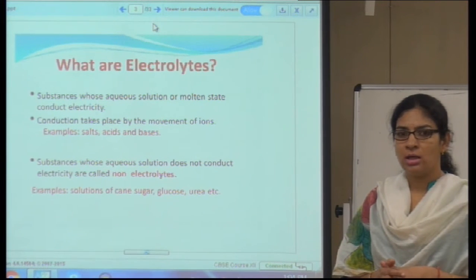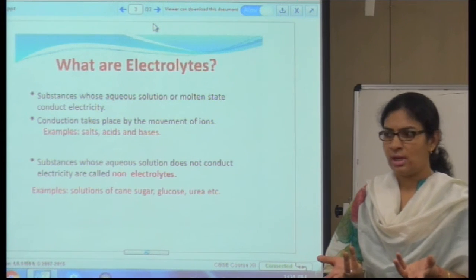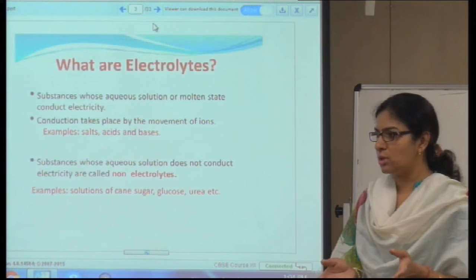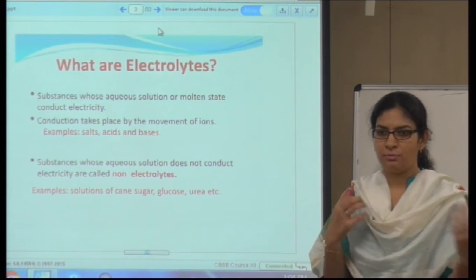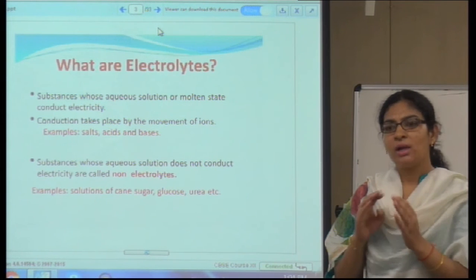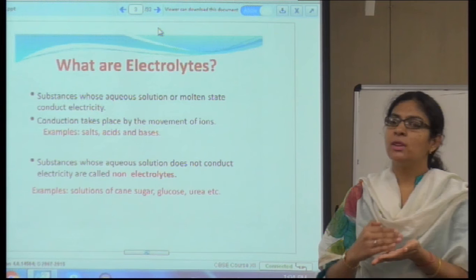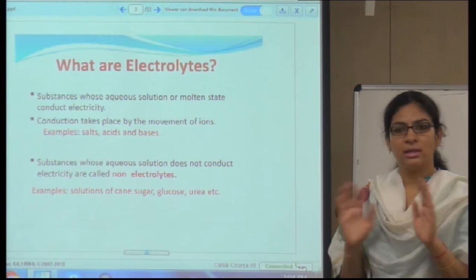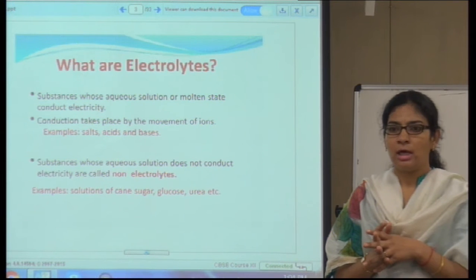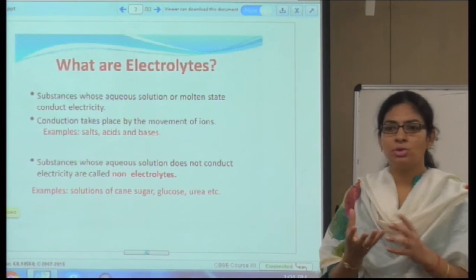Non-electrolytes are those which do not split into ions. The decomposition is not possible, it's not easy to get cation and anion out of them, so they remain as such. When they do not decompose into cation and anion, they do not conduct electricity. Take, for example, sugar solution.